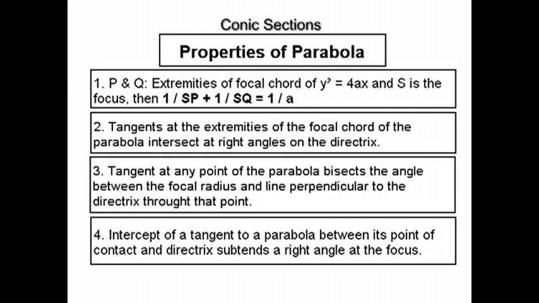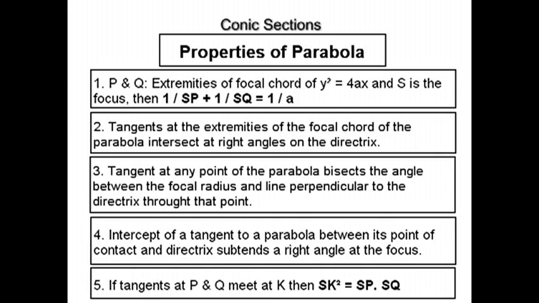Fourth, the intercept of a tangent to a parabola between its point of contact and the directrix subtends a right angle at the focus. Fifth, if the tangents at P and Q meet at K, then SK² = SP·SQ, where S is the focus.